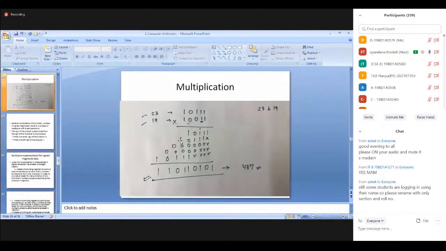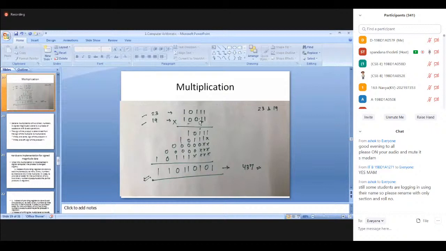Next arithmetic operation is the multiplication operation. When you see this example, how to perform the multiplication of 23 and 19 in binary form.